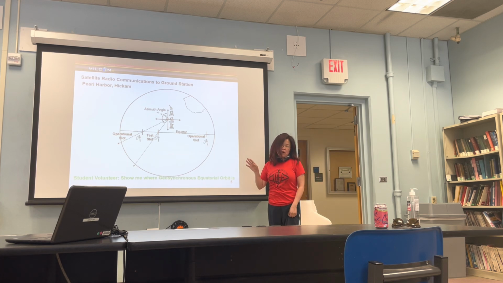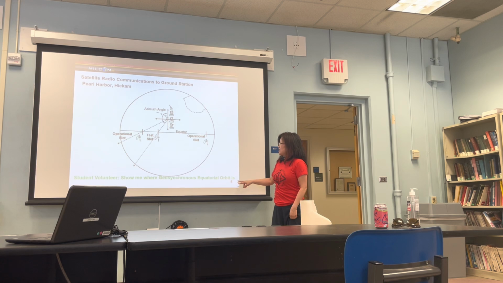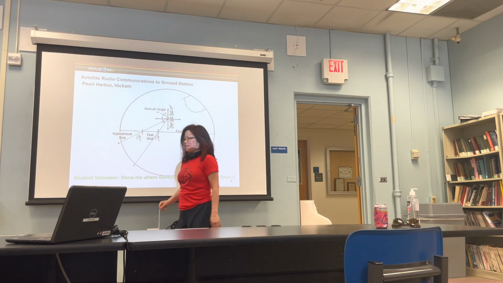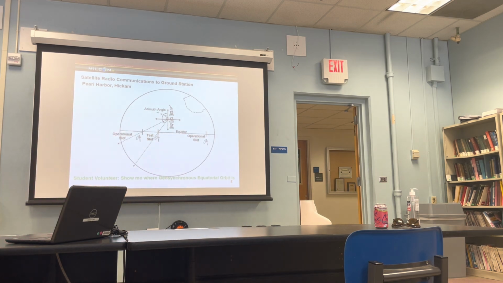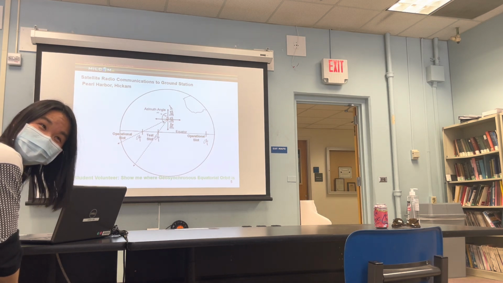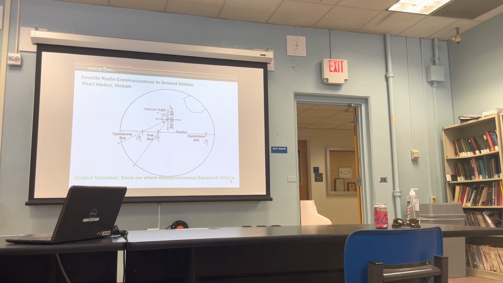The type of orbit this is called geosynchronous equatorial orbit. I would like a brave volunteer to come forward and tell me, without looking at your phones, where you think this geosynchronous orbit is. If this is the Earth, where do you think geo orbit is? This is Darren, an IT specialist.